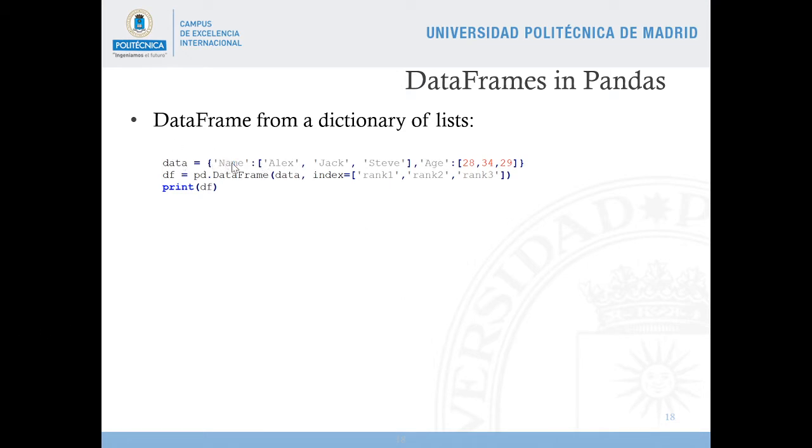Well, it's something like this. You have it here. A dictionary is a set of pairs. Of course, the first element of the pair is called the key, and the second element is called the value.